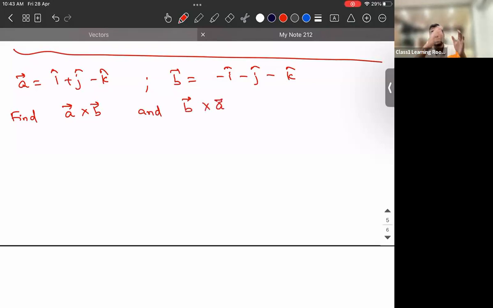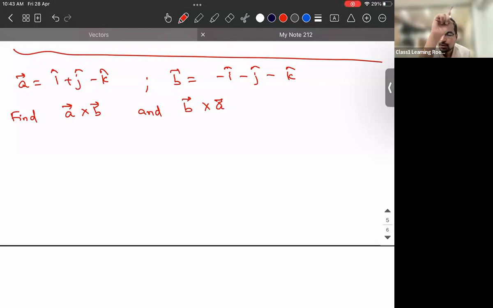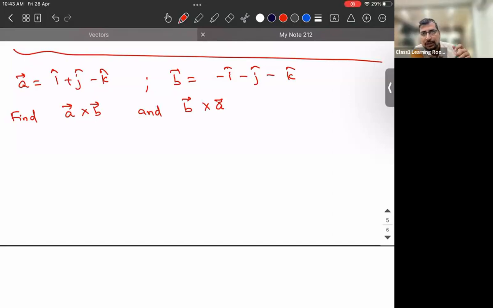So how will you find it? Using the determinant method. Do it. One point I would like to remind you is, Sir, if I find A vector cross B vector, then can I just write B vector cross A vector is minus of it? You first find it out, then you will understand why it is minus. I told you it is minus, but you have to validate.